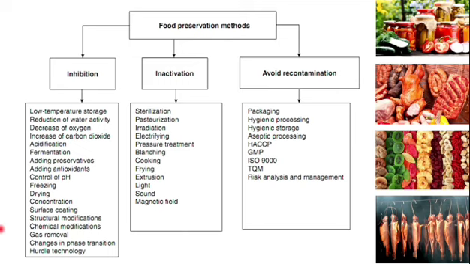Freezing, concentrating, and drying-like methods can be used for inhibition. Sterilization, pasteurization, and irradiation-like methods can be used to inactivate microorganisms and enzymes. HACCP and good manufacturing practices we can use to avoid recontamination.